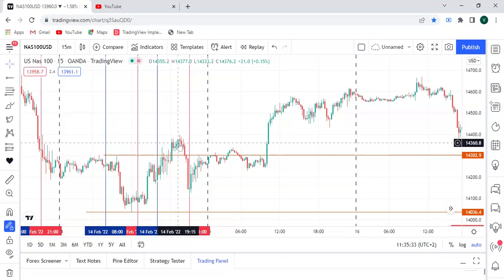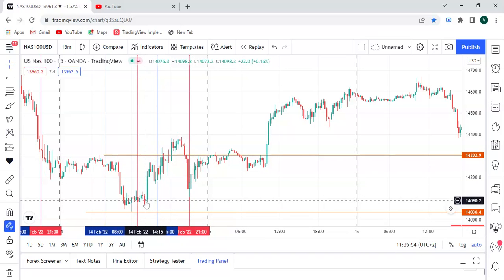We never had any valid order block here. I wouldn't have executed anything on this day because there's nothing clean. If there's nothing clean, we don't execute trades. We never had any order block this side as well.